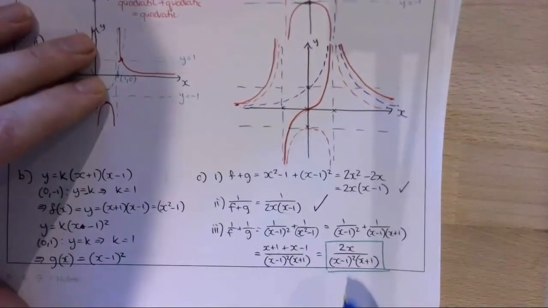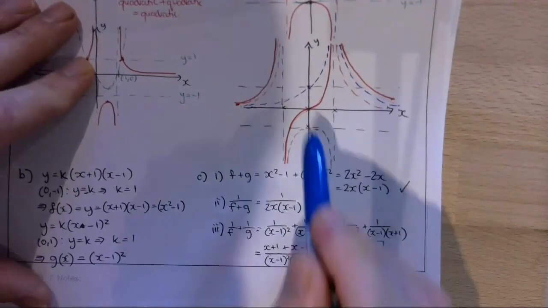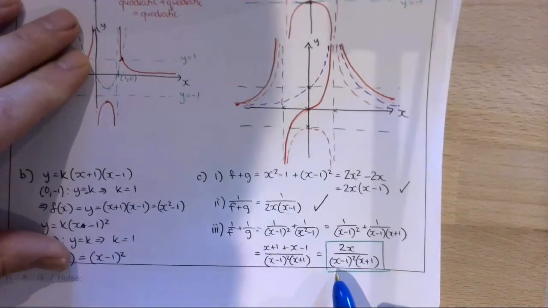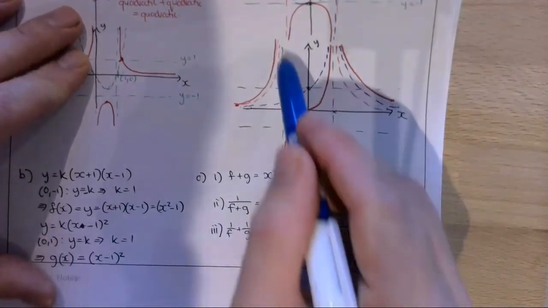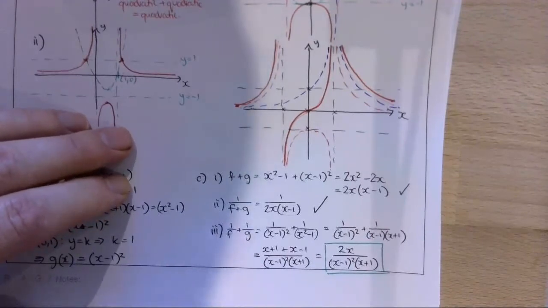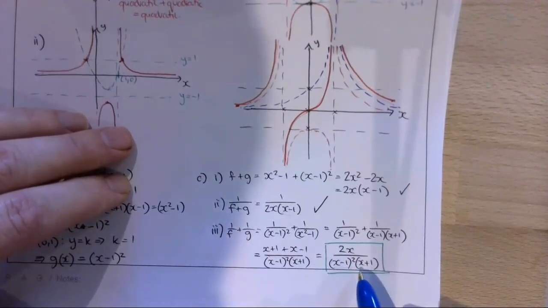I'm going to have a 0 when x equals 0, and that's the only one. I'm going to have vertical asymptotes at x equals 1 and x equals minus 1, which I do have. And then I'm going to think about where it's positive and where it's negative.